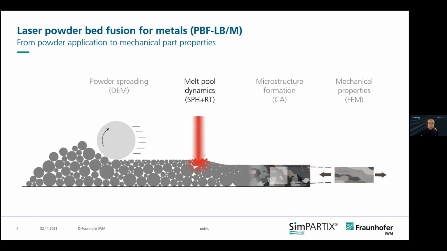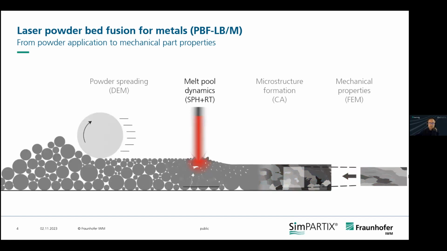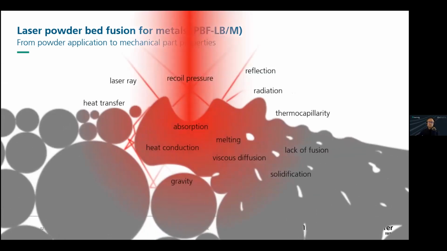SPH in the whole sequence is, in my opinion, one of the more complex steps, simply because of all the physics that is involved in the melt pool dynamics. Just to give you an idea, we have so many things to consider. The laser consists of multiple rays.